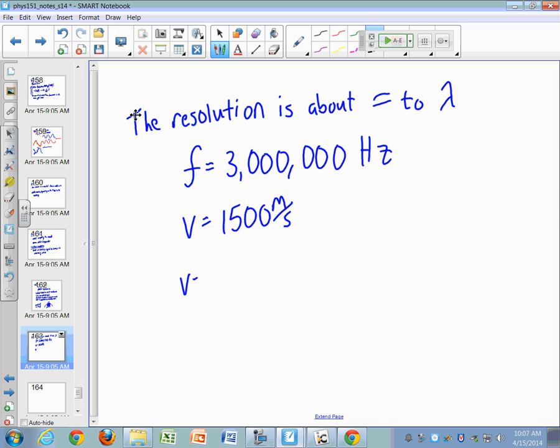Remember, V is equal to lambda times F. And so lambda, which is our wavelength of the wave, remember our wavelength is the distance from here to here on the wave. Our wavelength is just V over F. That's going to be 1,500 over 3 million.